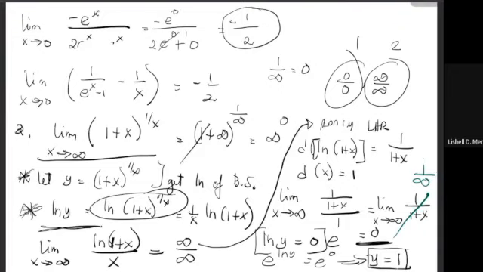Okay? Minus x, as x approaches 1. So if we verify this, this is 1 raised to 1 over this value, which becomes very, very small.